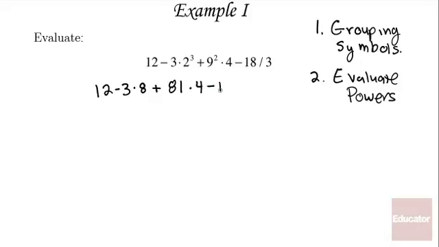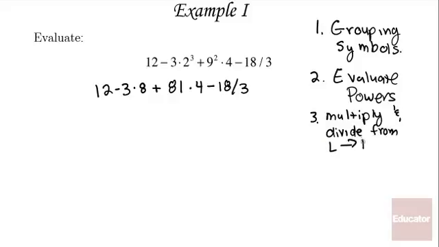Times 4 minus 18 divided by 3. I look through, I've evaluated all the powers. Now I'm going to multiply and divide from left to right. So I'm going to begin on the left side of the equation. 12 minus 3 times 8 is 24.